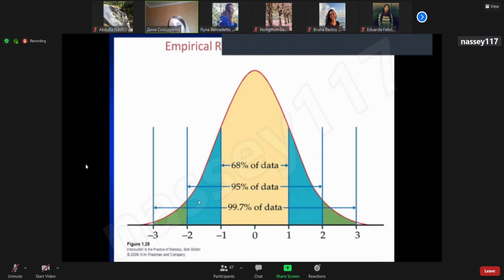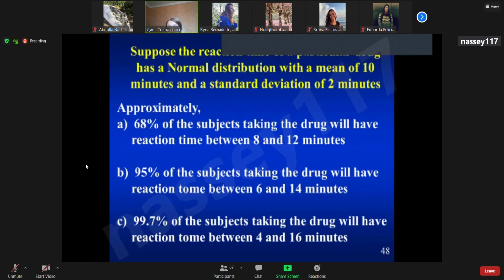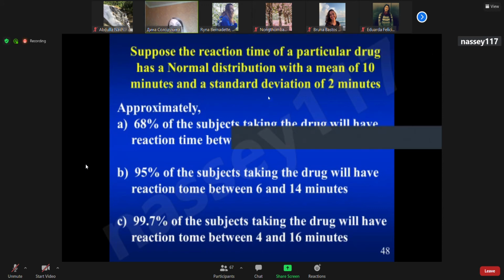Example: suppose we know that the reaction time of a particular drug has a normal distribution with a mean of 10 minutes and a standard deviation equal to 2 minutes.